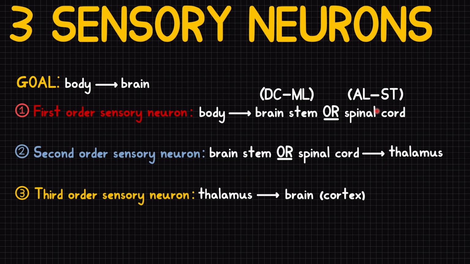The reason why I remind you of these levels of myelination is because when we talk about A alpha, A beta, A delta, and C fibers, we are only talking about the first order sensory neurons in this 3-sequence pathway. The second and the third order sensory neurons are always well myelinated regardless of whether it's DCML or ALST.